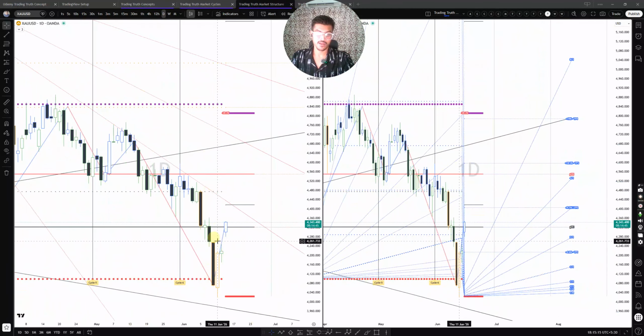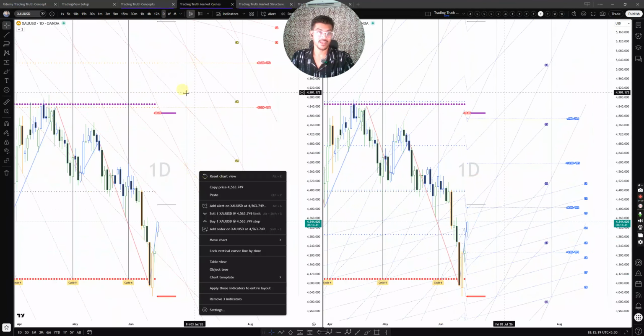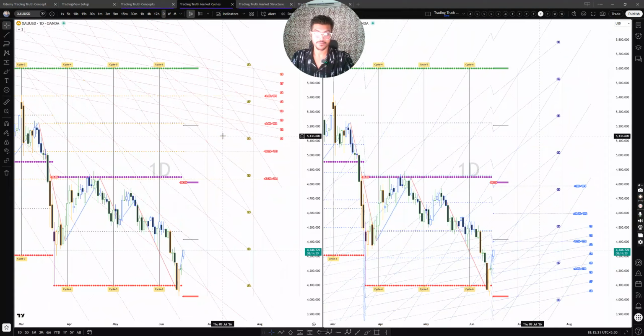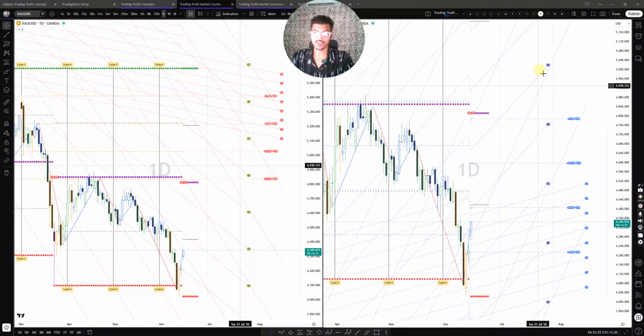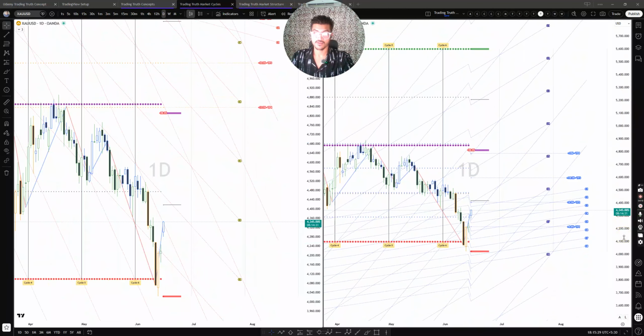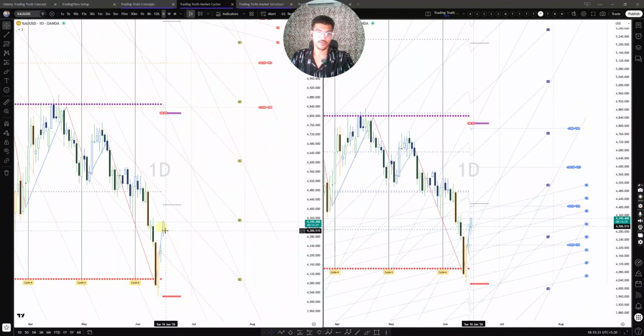It just snapped back up in the trading range. You can see that in the cycle: cycle 6, and it's going above this 8/1.